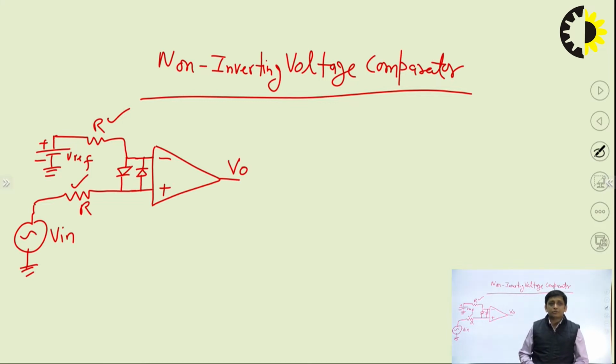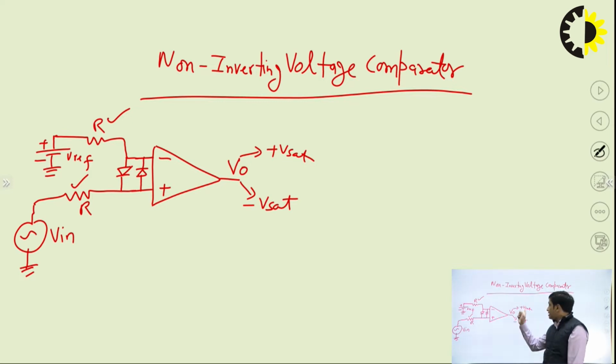Now coming to the input and output voltage waveform for this particular circuit. One thing should be clear: since there is no feedback, there is open loop configuration, so at the output either we will get plus Vsat or we will get minus Vsat.